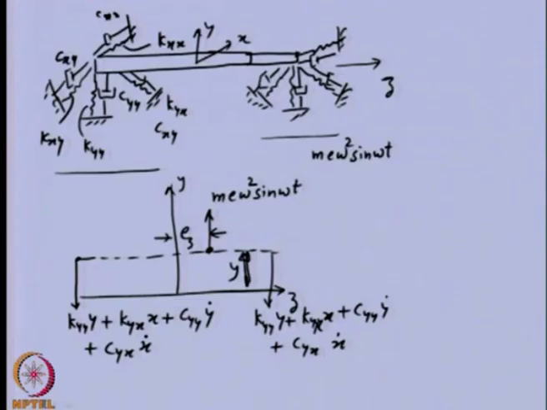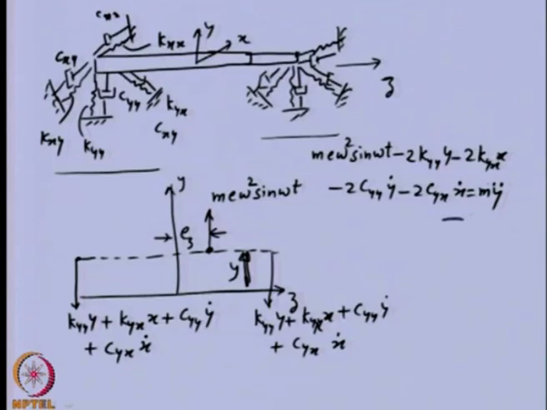Then we can add the bearing reactions, because two bearing forces are there, and the forces from damping, and that should be equal to mass into acceleration in the y direction. So this is one of the equations of motion.